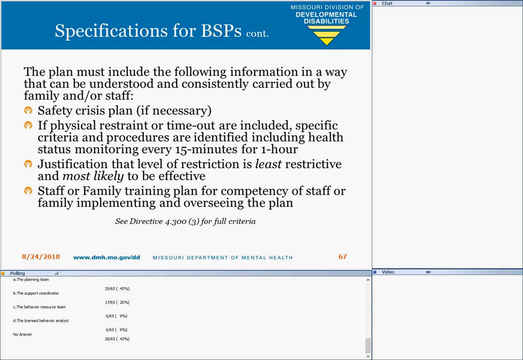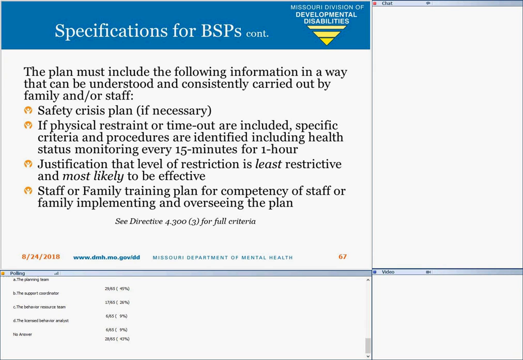They also include the following information, again, in a way that can be understood and carried out by family or staff. Safety crisis plan, if it's necessary. Physical restraint, this is manual holds, because we do not allow mechanical restraints in Missouri. That's a prohibited practice. If restraints are in the person's safety crisis plan, then the specific criteria should be identified, and possible procedures should be identified, including monitoring the person's health status every 15 minutes.